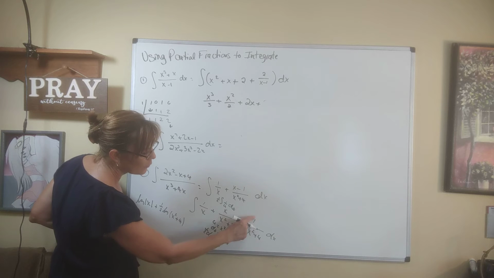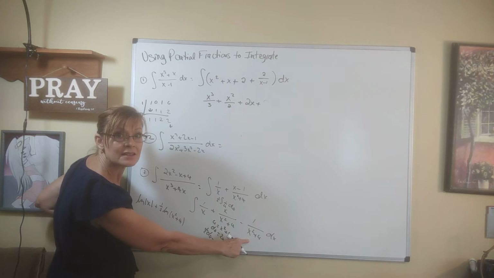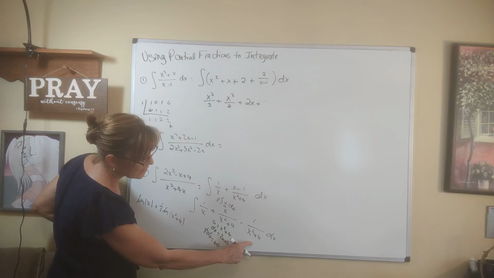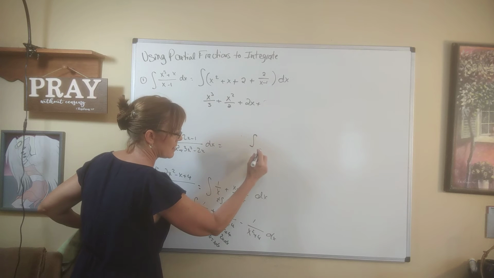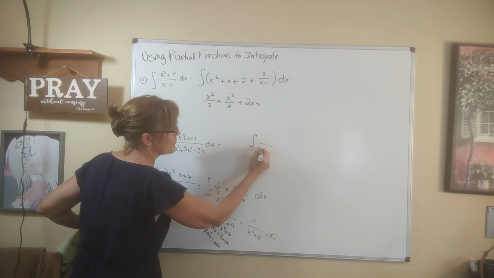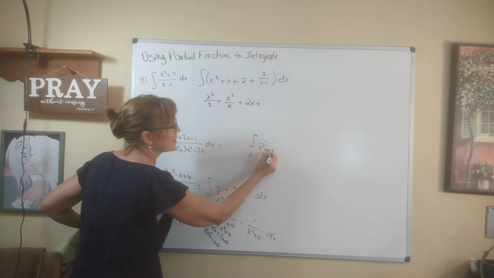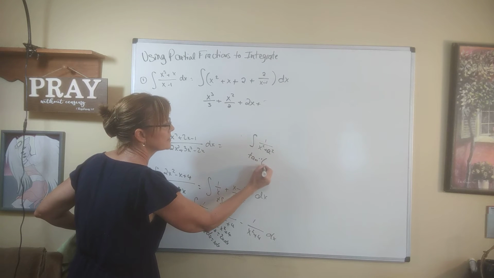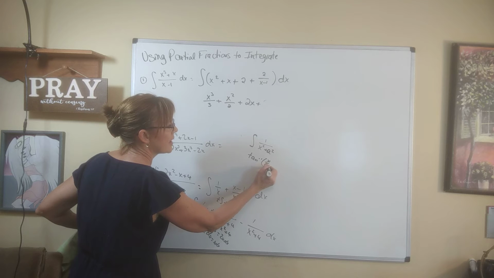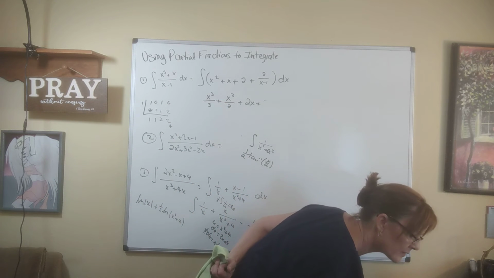Minus this. Okay, 1 over (x squared plus 4). This is tangent inverse. The integral of 1 over (x squared plus a squared) is tangent inverse of x over a times 1 over a. That's one of our tangent ones. Let me just make sure I wrote that down right.